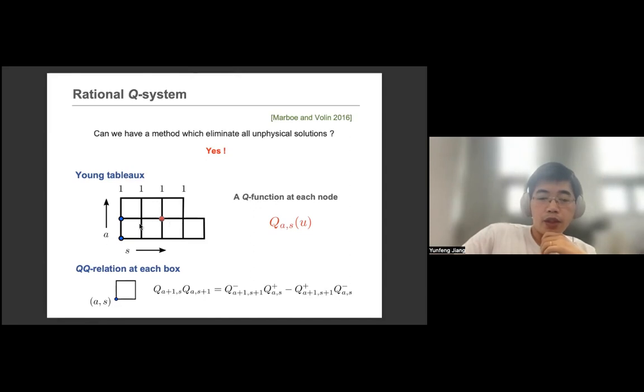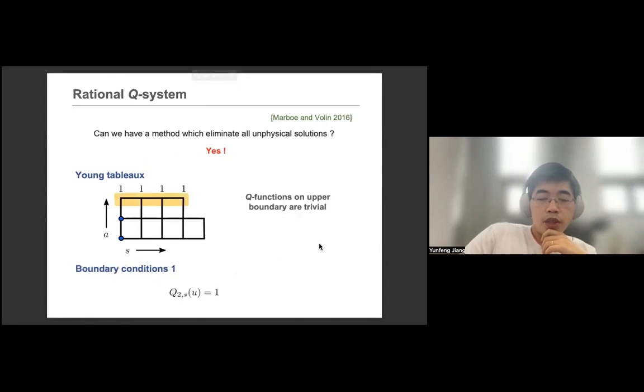The Q functions are related by the QQ relations, and these are the QQ relations. Again, this plus minus means u shifted by plus minus i divided by 2. Then we impose the boundary conditions for Q. What we are going to do is fix some boundary conditions and then solve for all these Q functions.